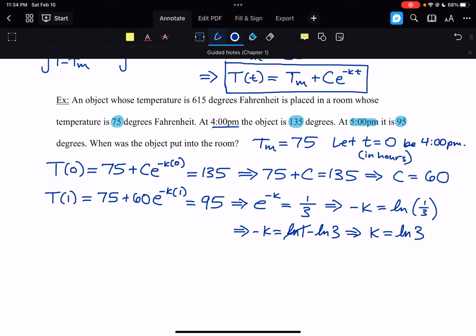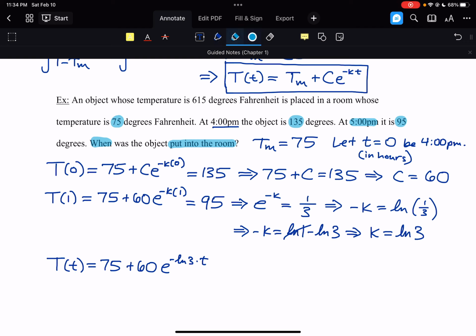Now we have our general formula. We have all the pieces that we need. So that's 75 plus 60 e to the negative ln of 3 times t. Now, we are looking for when the object was put into the room. So we're looking for a time, a t value here, when it was put into the room.